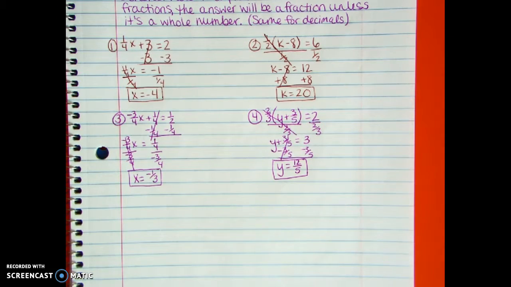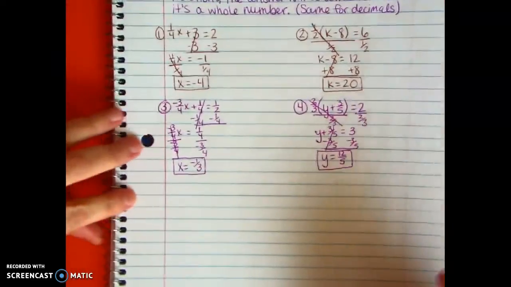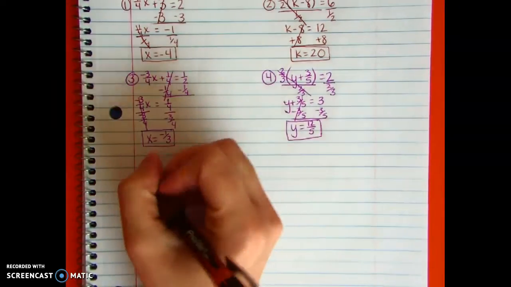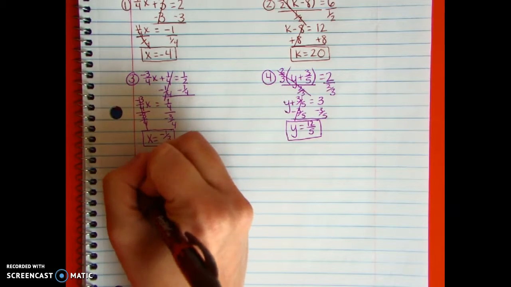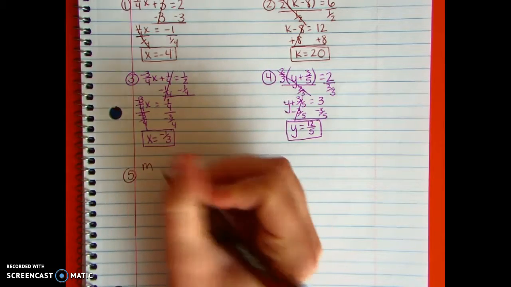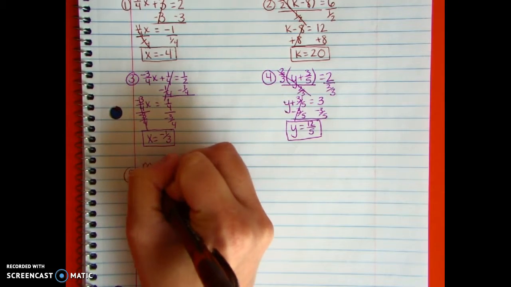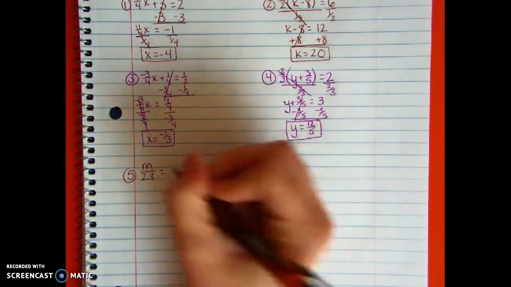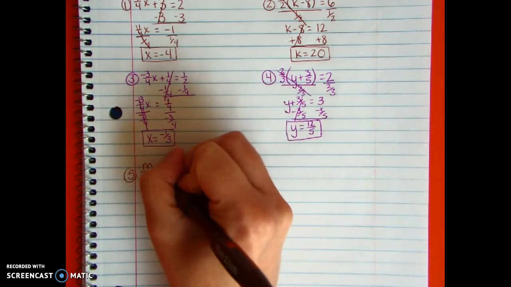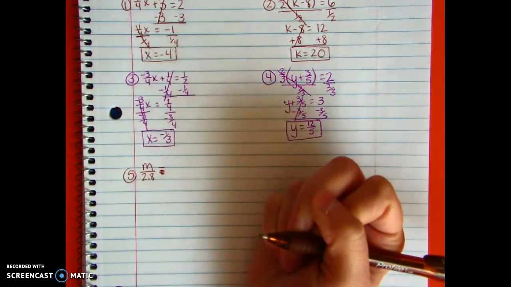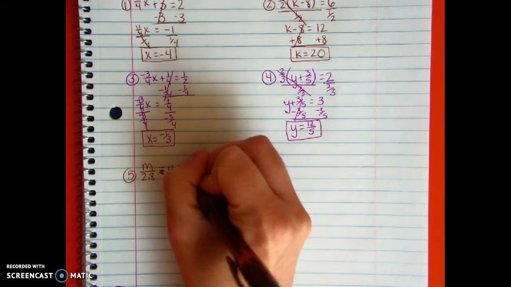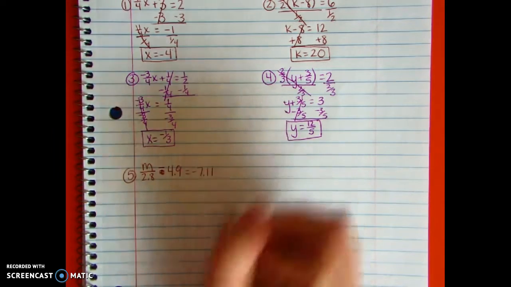Okay, now let's look at a couple with decimals. M divided by 2.8 equals, or I'm sorry, that's minus. I don't have my white out. Minus 4.9 equals negative 7.11.